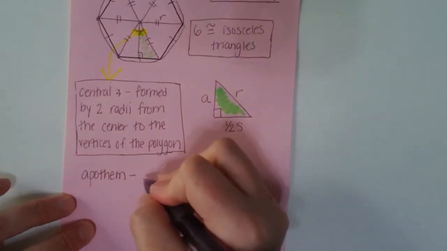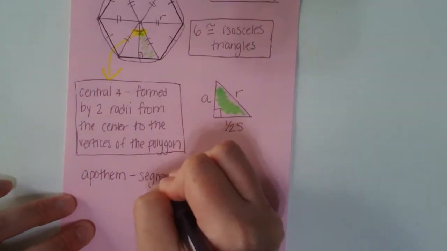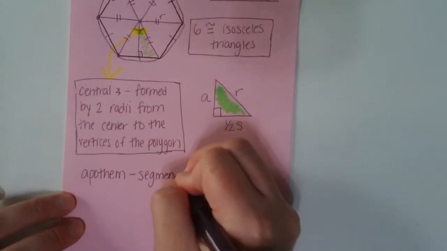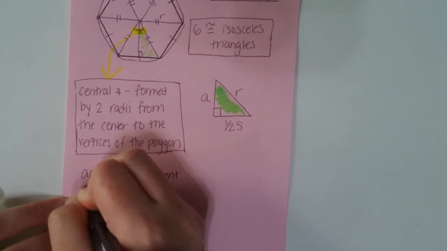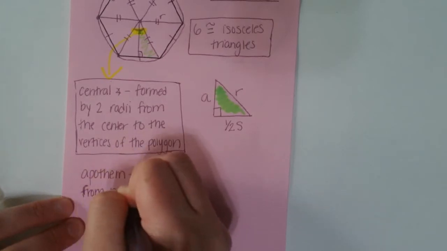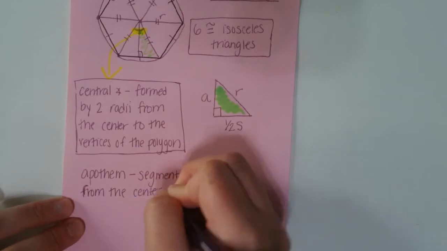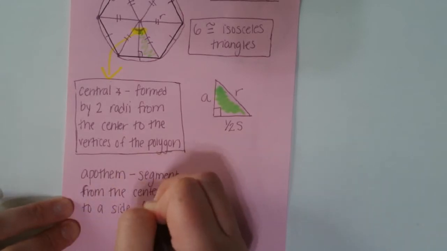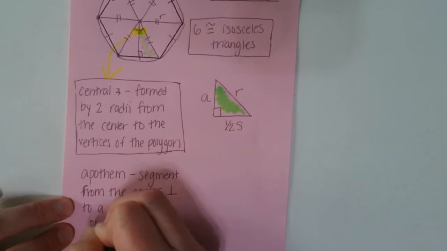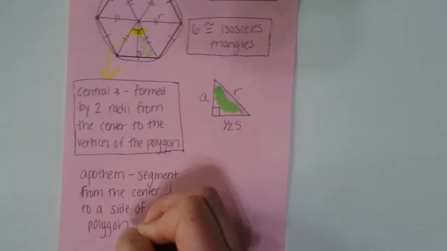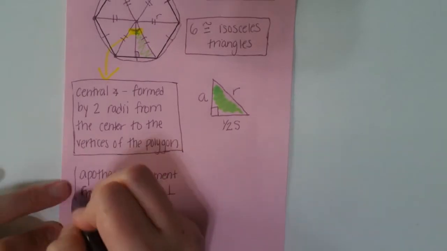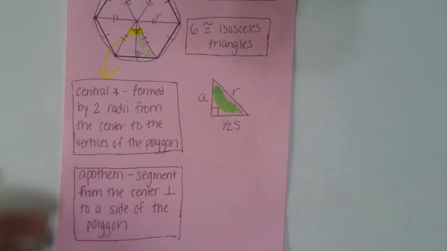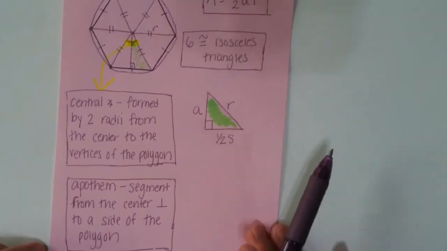And what the apothem is, it is the segment from the center perpendicular to a side of the polygon. So that's what the letter A means.